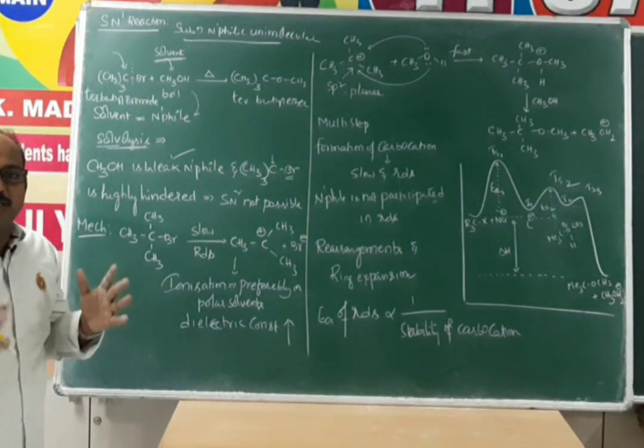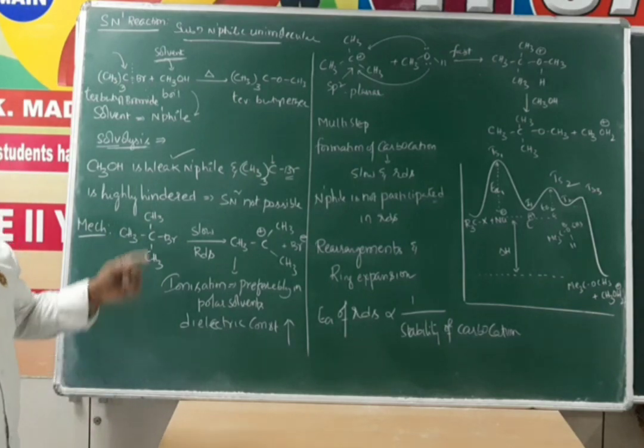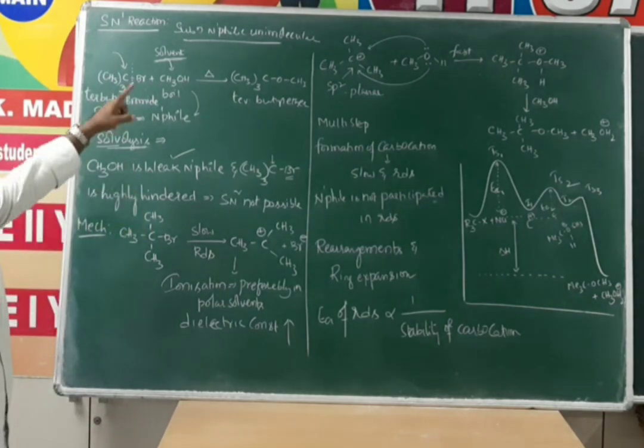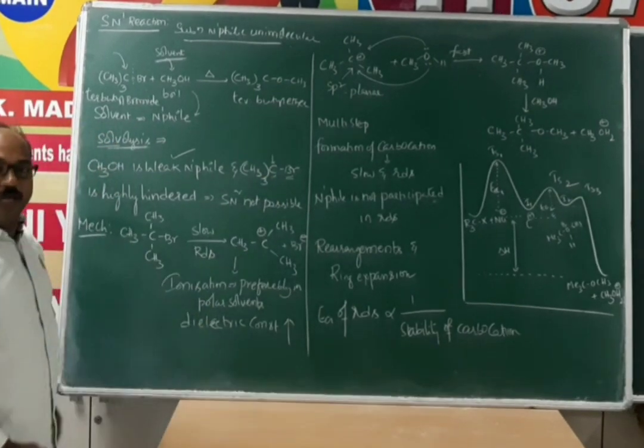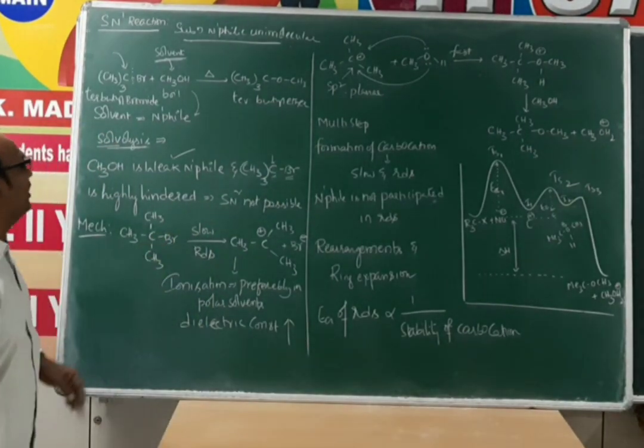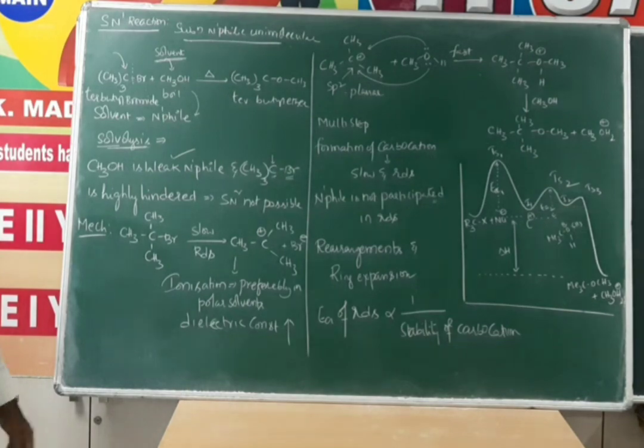Because of more bulkiness, they do not allow methyl alcohol towards the electrophilic carbon. That means there is no scope for SN2 mechanism, that is rear side attack of a nucleophile.